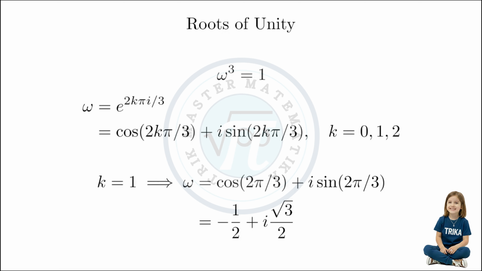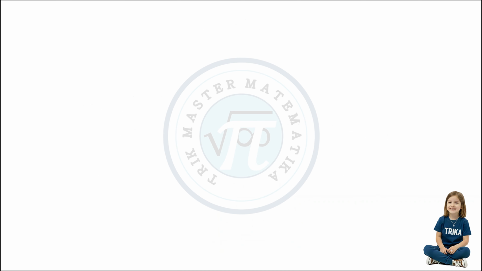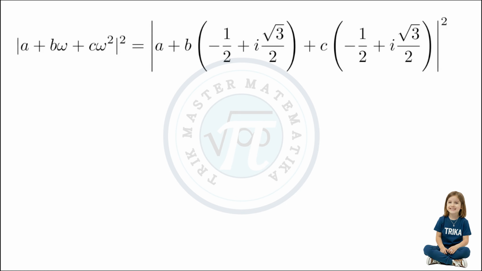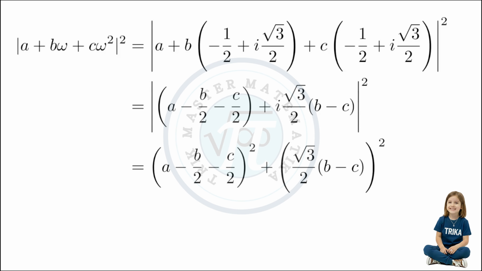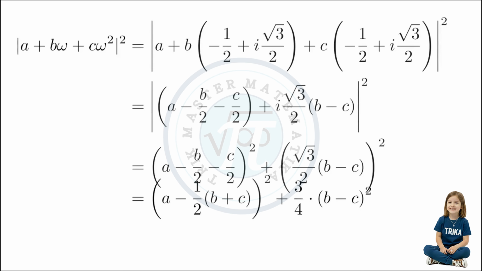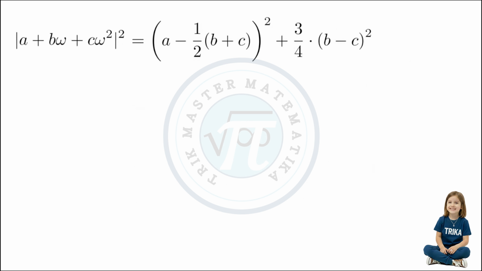So now we use this omega and substitute it back into the expression in question. The expression of the modulus of A plus B omega plus C omega squared, all squared, will become, after we substitute the omega and do some simplification, the final result that looks like this.